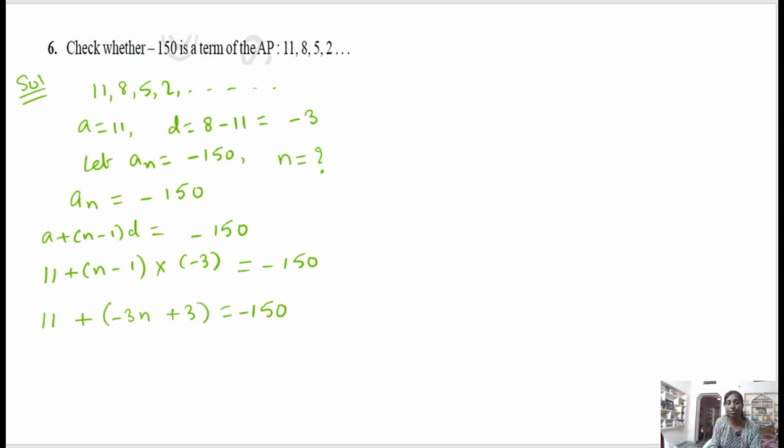Now I am going to open this bracket. 11 minus 3n plus 3 is equal to minus 150. Now minus 3n plus 14 is equal to minus 150. Minus 3n is equal to minus 150 minus 14. So minus 3n is equal to minus 164.